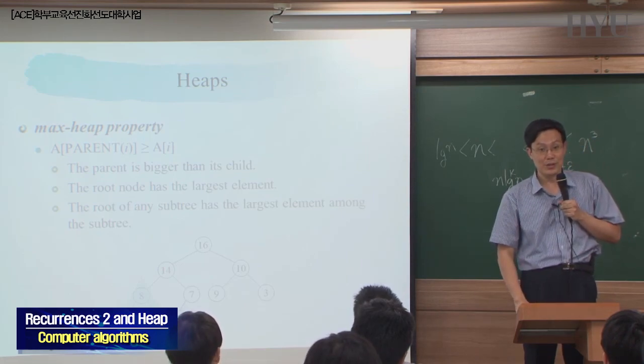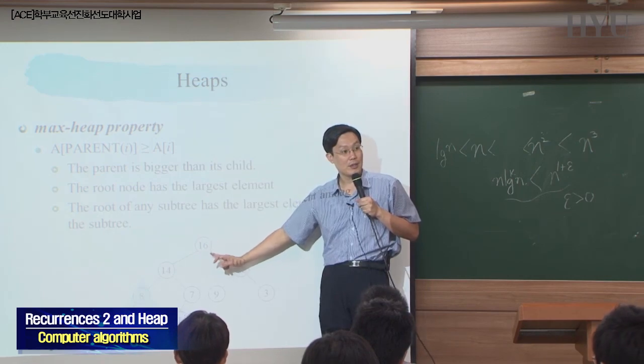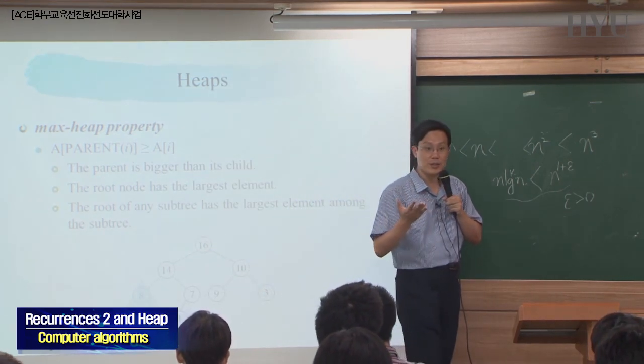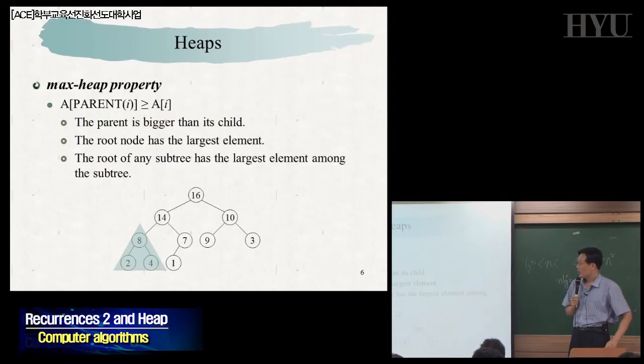In the root, there is the maximum element. Okay? Because of the parent-child relationship. And in a subtree like this, the maximum element in the subtree is also in the root of the subtree. That's the heap property.